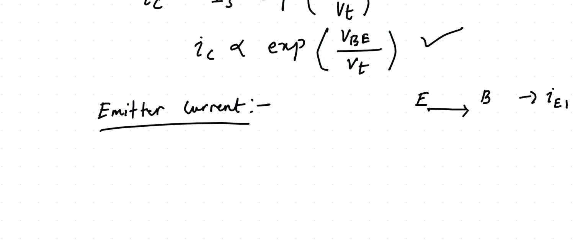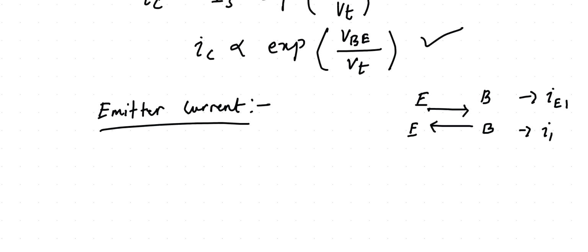That is because of the electrons moving from emitter to the base. And the second one will be due to the majority carrier holes in the base. So holes in the base are injected across the base emitter junction into the emitter. These injected holes produce a PN junction current as well. So that we will take as IE2.